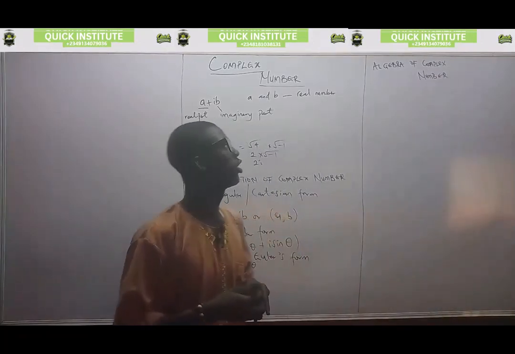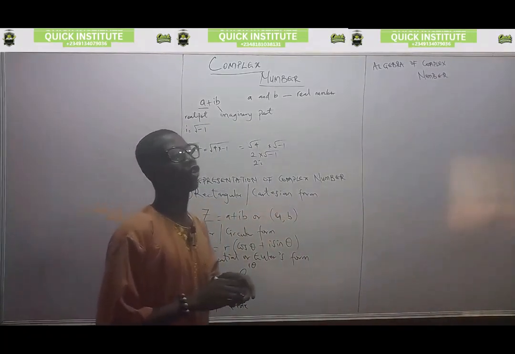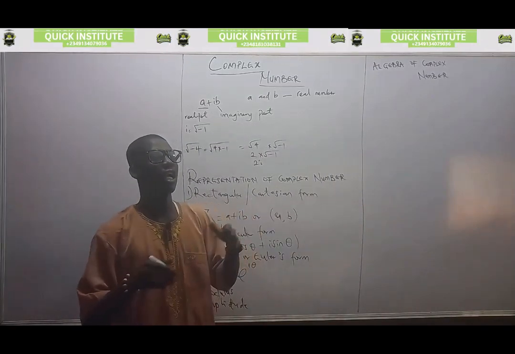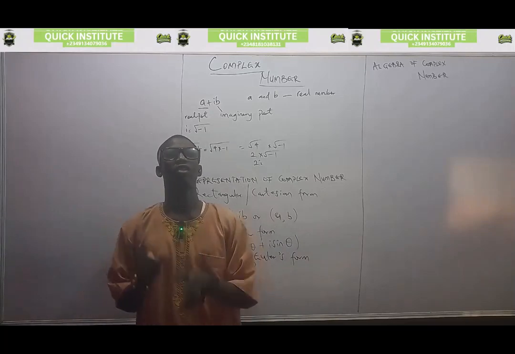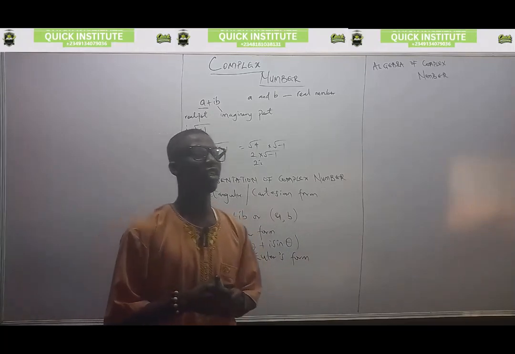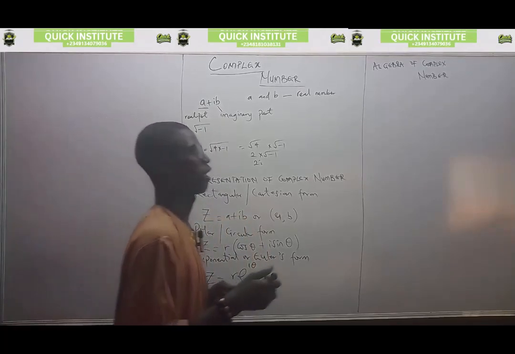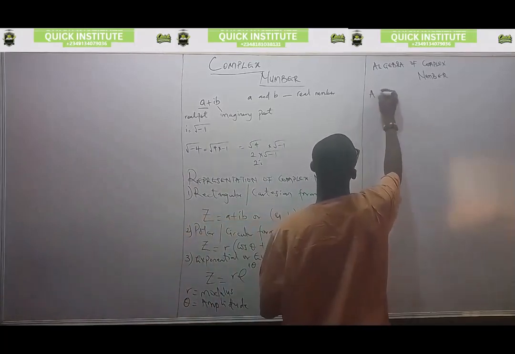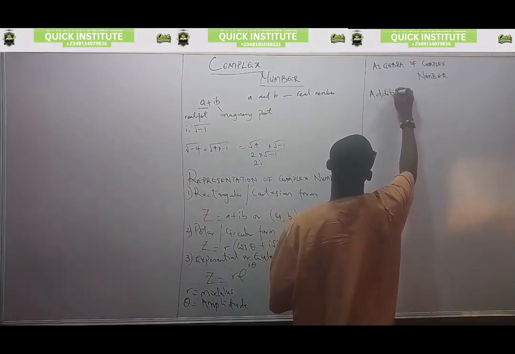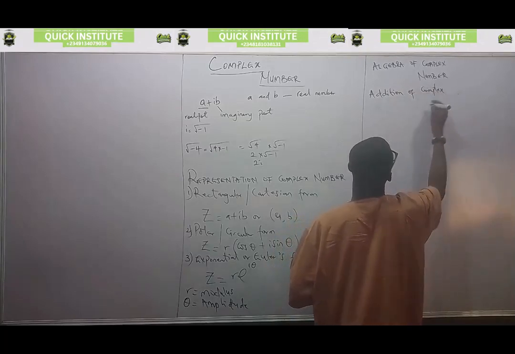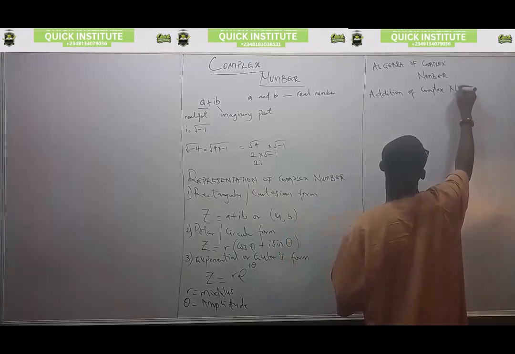When dealing with the algebra of complex numbers, we have multiplication, addition, subtraction and division of complex numbers. Let's firstly look at the addition of complex numbers.